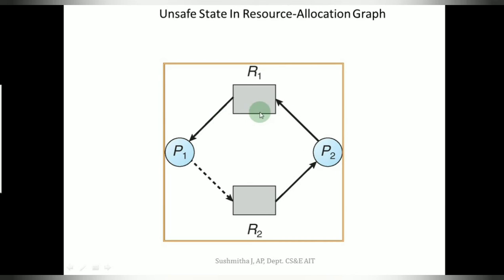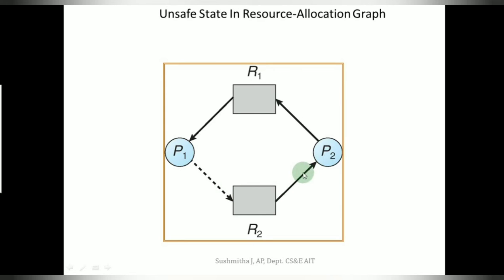So according to the resource allocation graph, if there is a cycle, there is a possibility of deadlock. No cycle indicates no deadlock. Probably if it is leading to a cycle, we may not assign it. Here, process P1 is holding R1 and requesting R2.